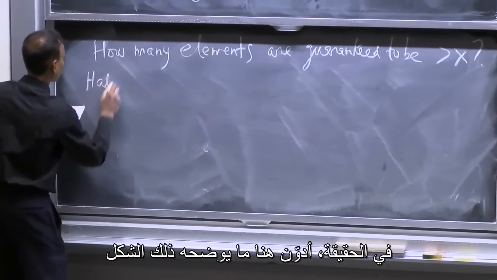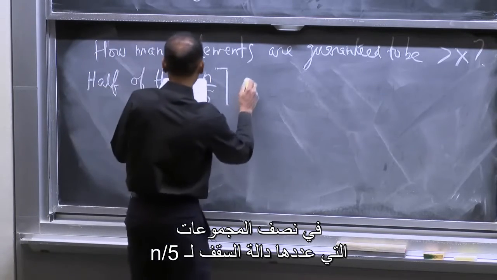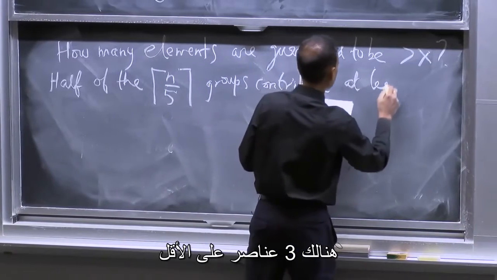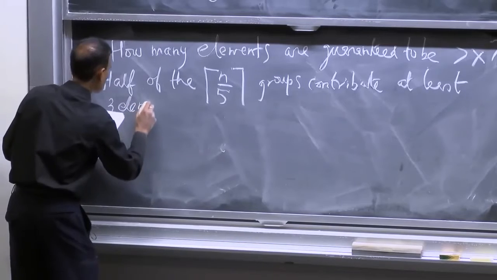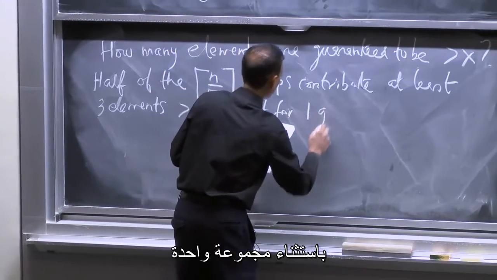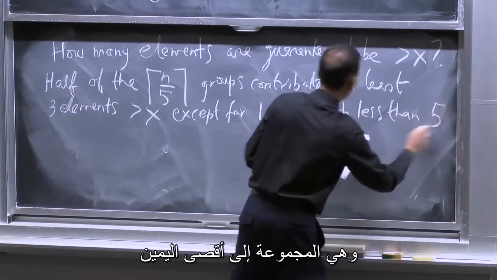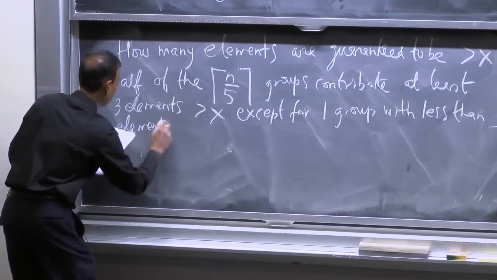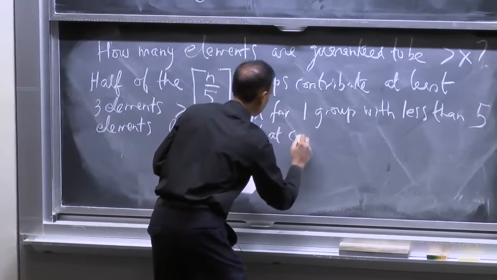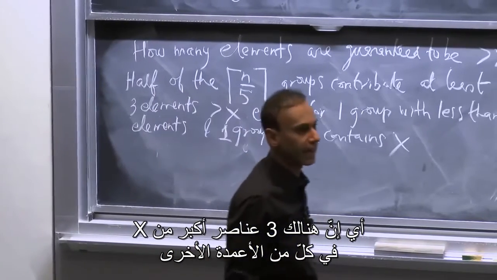And essentially what I'm saying, which is what I have on that picture there, is that half of the n over 5 groups contribute at least 3 elements greater than x, except for one group with possibly less than 5 elements, which is the one all the way to the right, and one group that contains x. So for all the other columns, I'm going to get 3 elements that are greater than x.